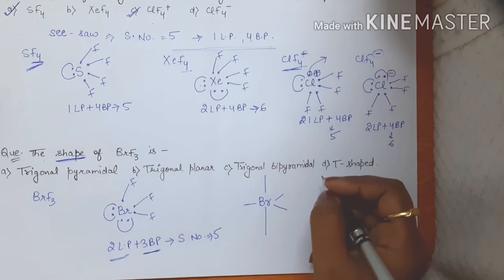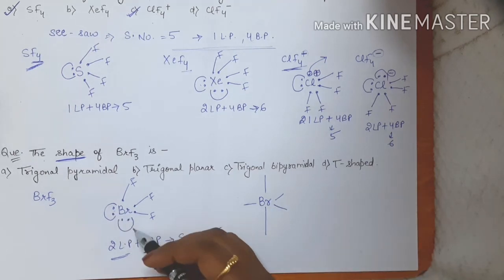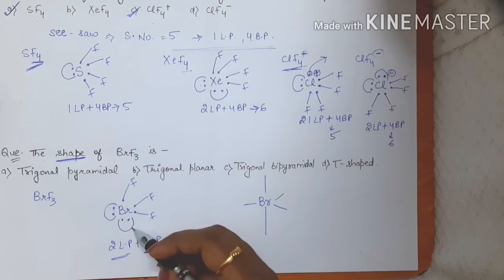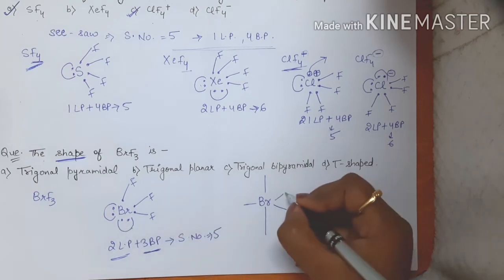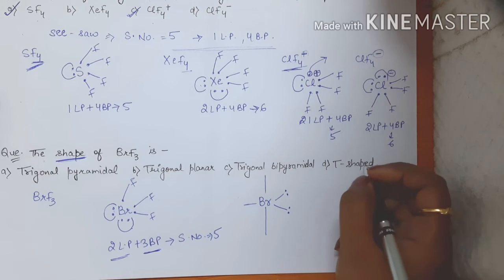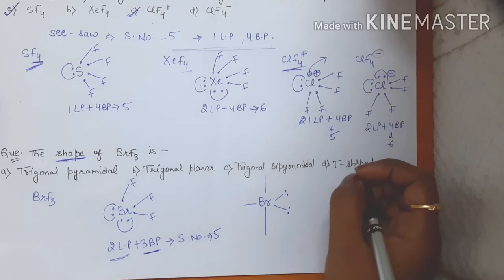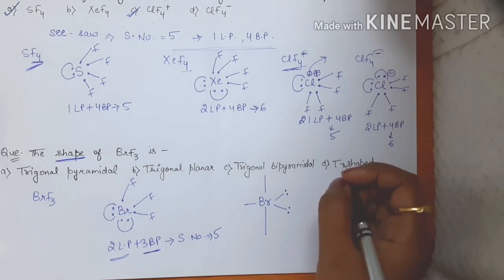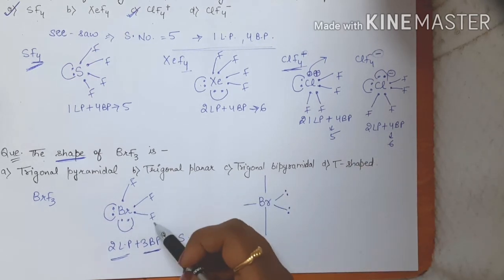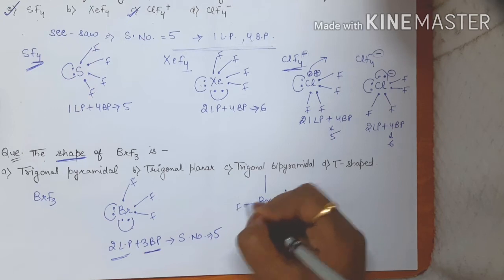So first I'm going to place these 2 lone pairs. We know that lone pairs are s-philic, that means percentage s character loving, so they are going to be in these 2 positions, right? That we have discussed in Bent's rule in part 12 of chemical bonding. So there are remaining 3 fluorines, so they will be attached like this.